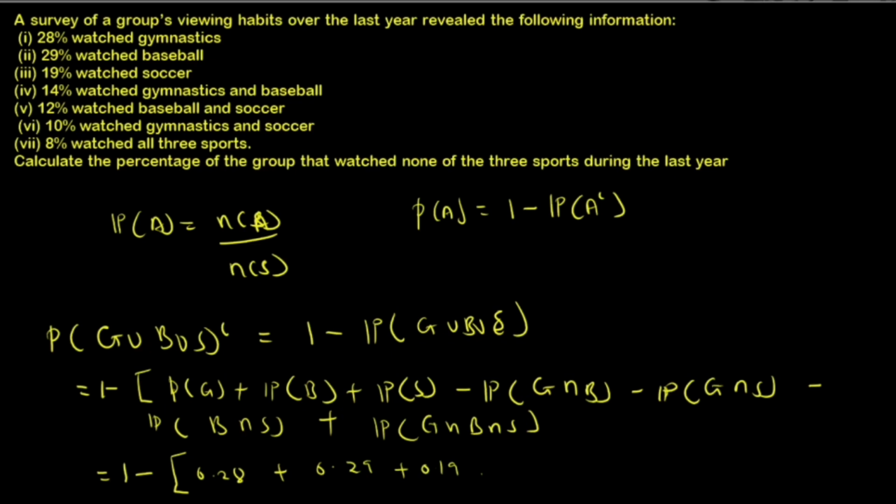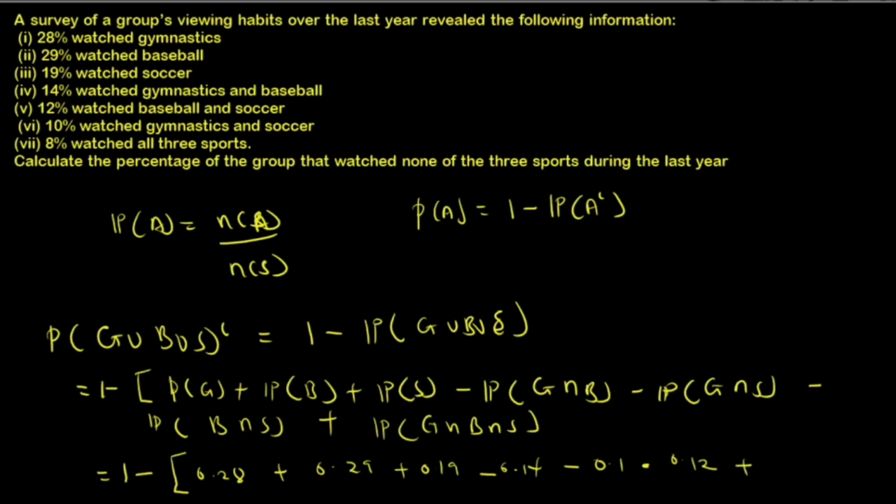Then we go to minus the probability of J intersection with B, which is 0.14. Then we have minus the probability of J intersection with S, which is 0.1, that is 10%. Then we have the probability of B intersection with S, which is 0.12.